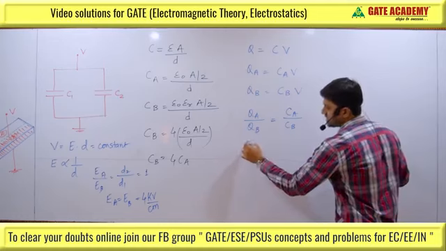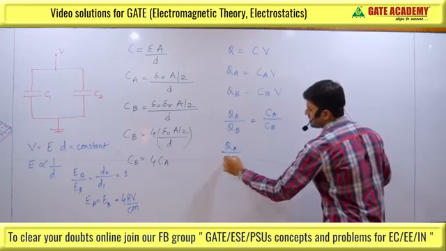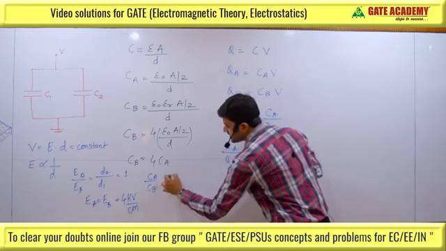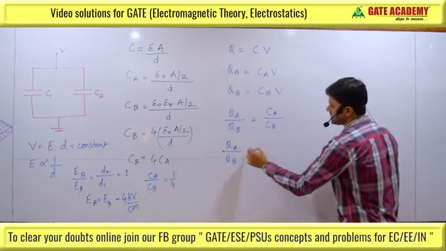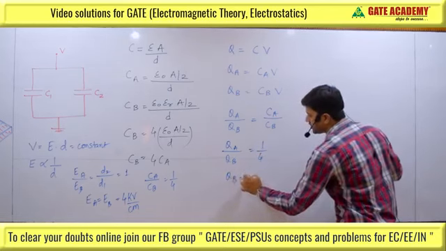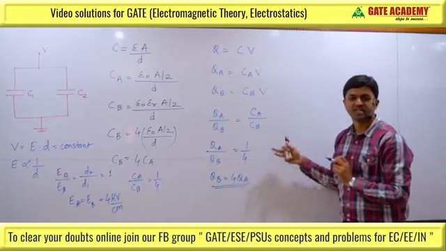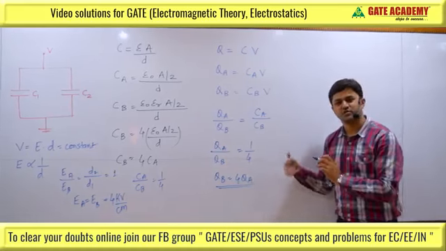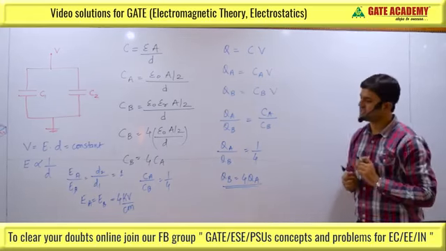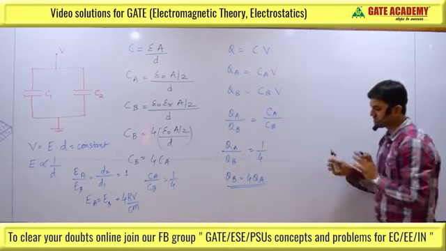So the ratio of CA upon CB is 1 by 4. Hence, the charge stored QB equal to 4 times QA. Because here the potential is the same, the charge stored will be different. Either the charge remains the same or the potential will remain the same. So here the potential is the same, that's why the charge stored is different.